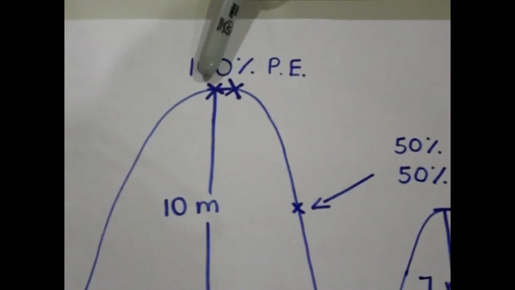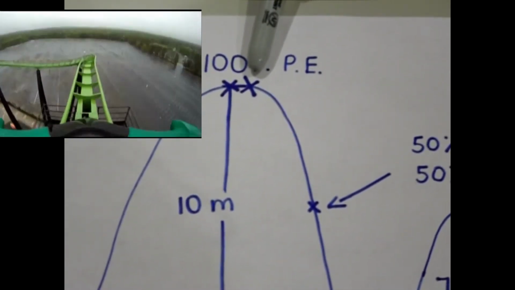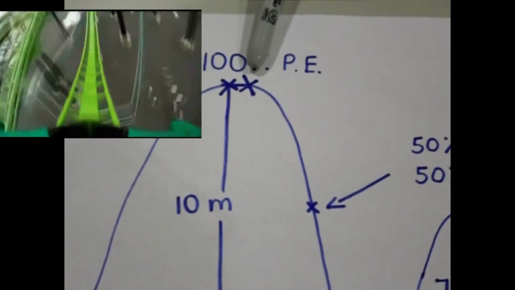At this point, there is 100% potential energy, which is 196 joules. As soon as the roller coaster takes off, the velocity is 3 meters per second, equaling out to 9 joules of kinetic energy. The maximum amount of energy in this problem is 196 joules because energy cannot be created nor destroyed.